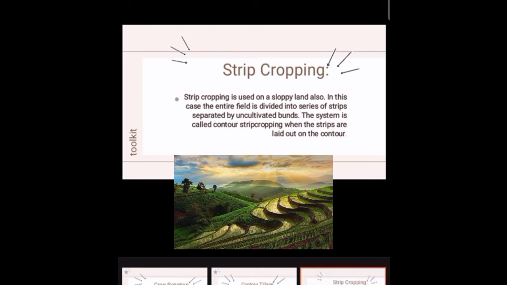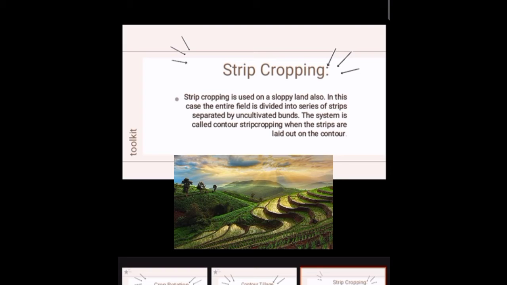Next, we have strip cropping. Strip cropping is used on sloping land also, just like contour tillage. In this case, the entire field is divided into a series of strips separated by uncultivated bands. The system is called contour strip cropping when the strips are laid out on the contour.